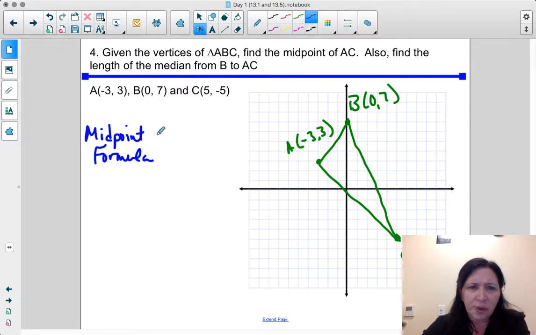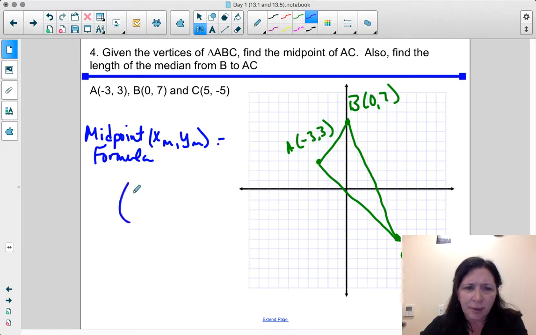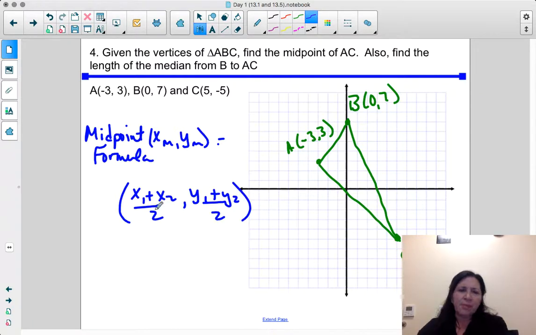You could say points XM and YM, standing for midpoint. Here's the formula: add your X's, divide by 2, comma, add your Y's, divide by 2. And what you're doing is simply finding the average of those 2.